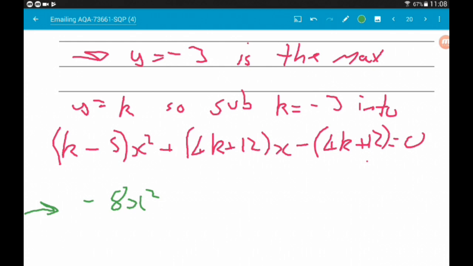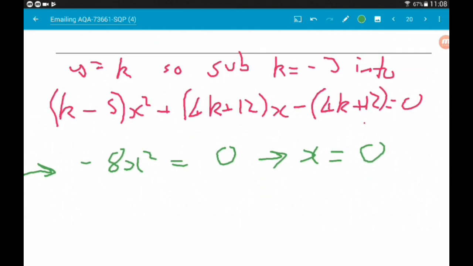So too does the constant term at the end. So we get left with -8x squared is equal to 0. Therefore, x is equal to 0. So the maximum has coordinates 0, -3. Good times.